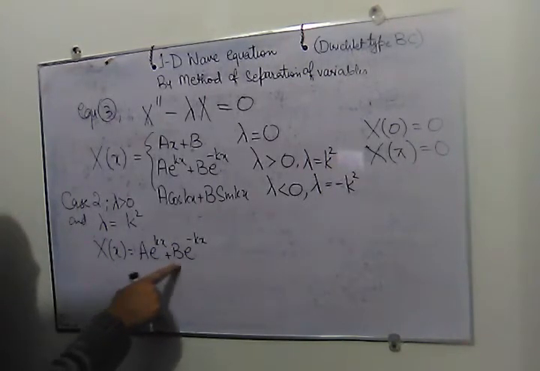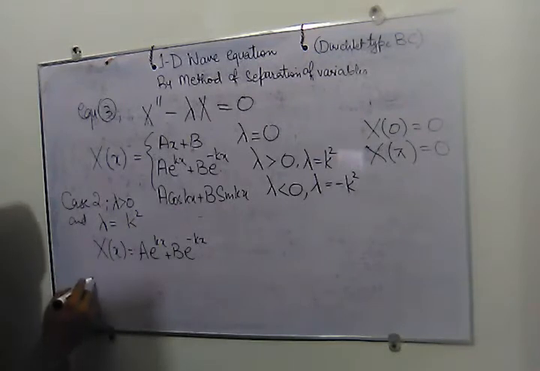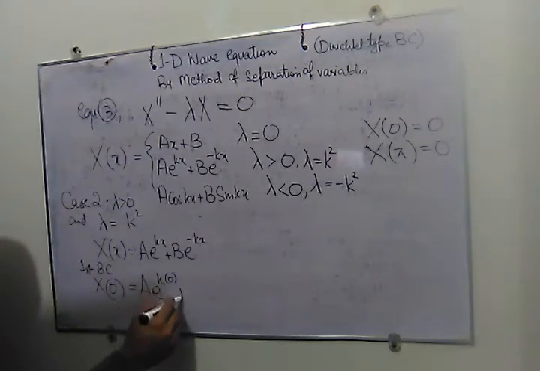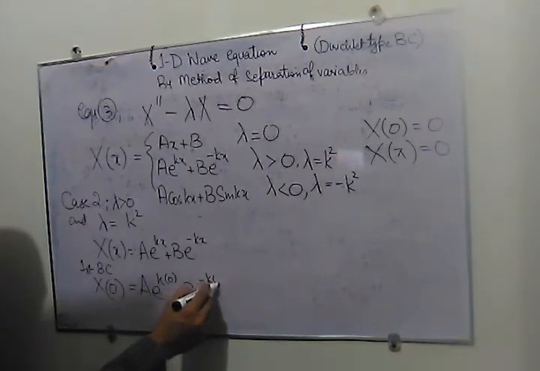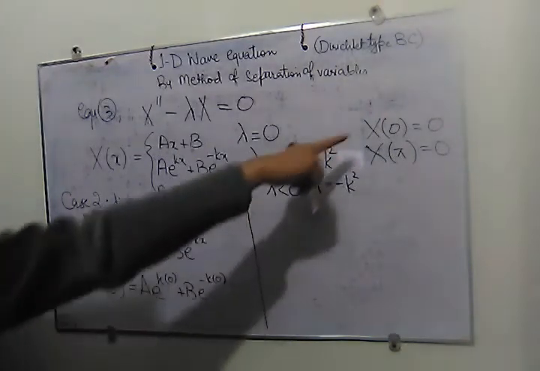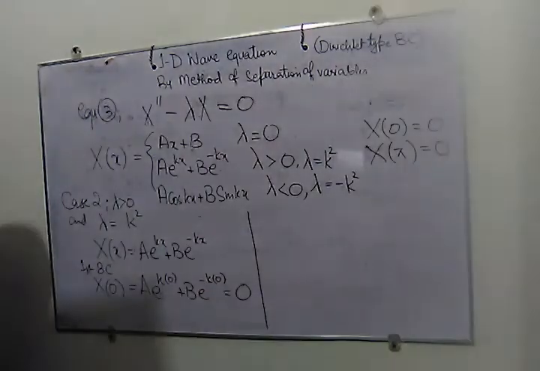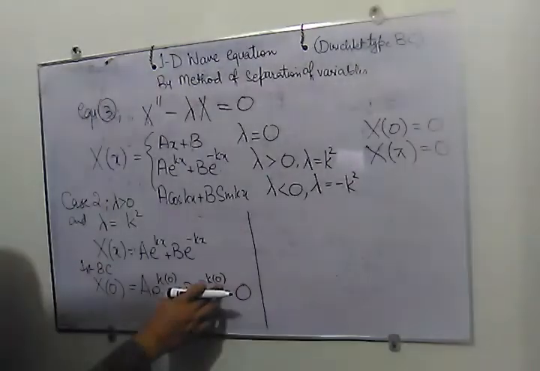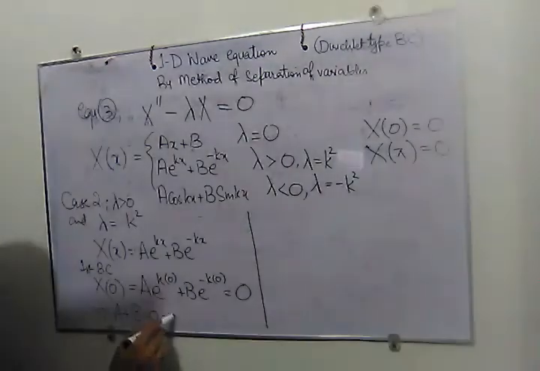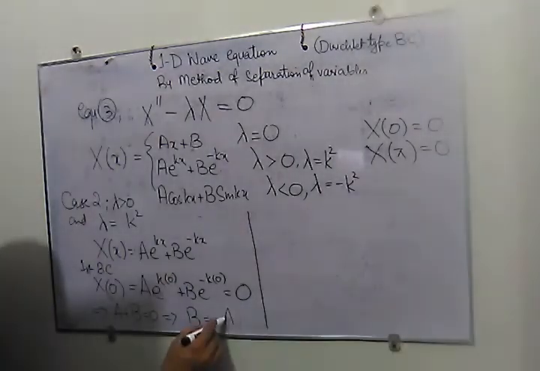In order to find the coefficients a and b, we use the boundary conditions. Applying the first boundary condition in the general solution, X(0) is equal to a e^(k times 0) plus b e^(-k times 0), and this X(0) by the boundary condition is equal to 0. So we see that e raised to power 0 is 1, which implies that a plus b is equal to 0, or b is equal to minus a.